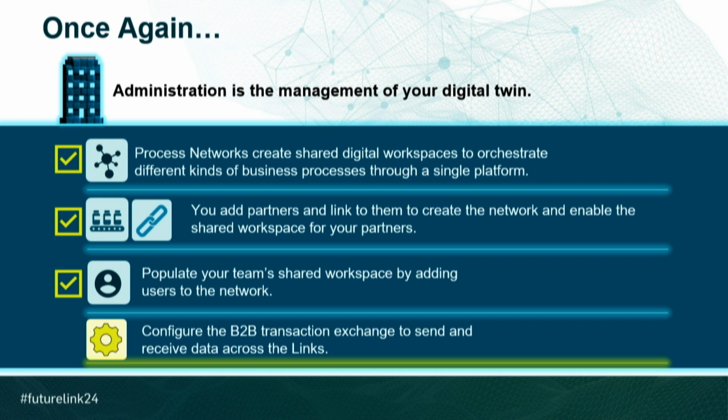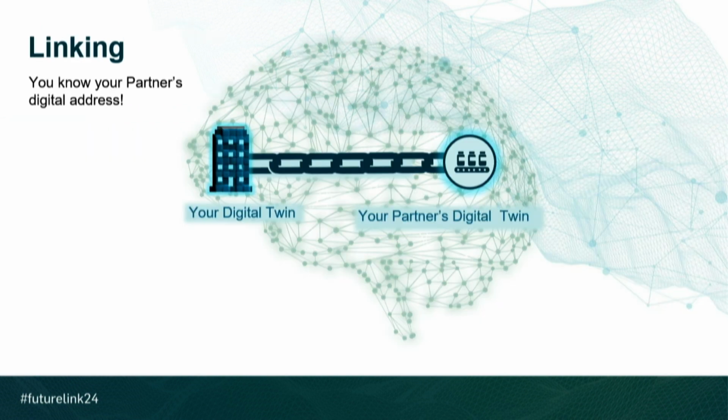We're going to look at the configuring of B2B transaction exchange so you can send and receive data now across those linked apps. As we saw with linking earlier, linking verifies the address of your partner on the network. So it's basically telling TraceLink where to send those messages.